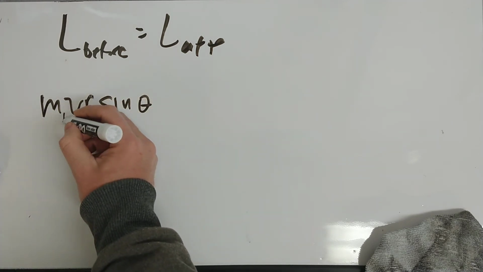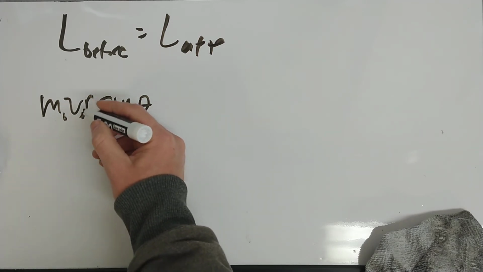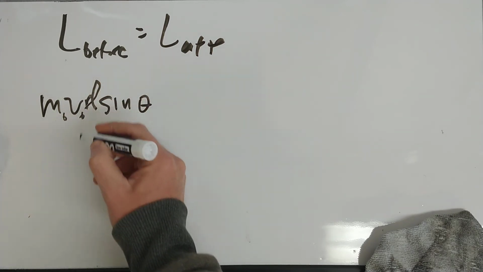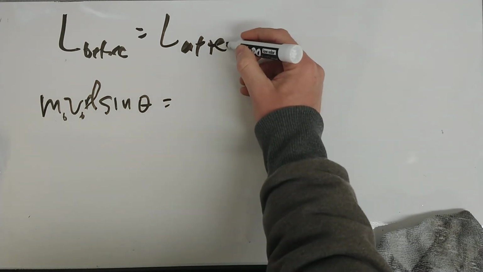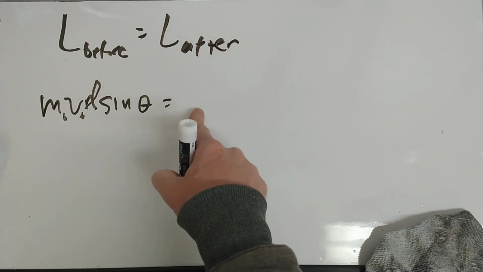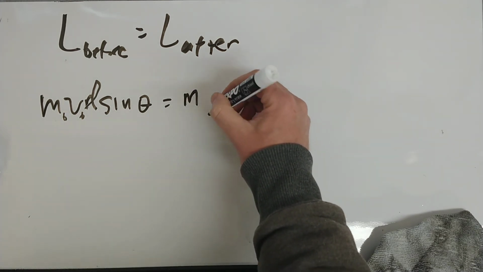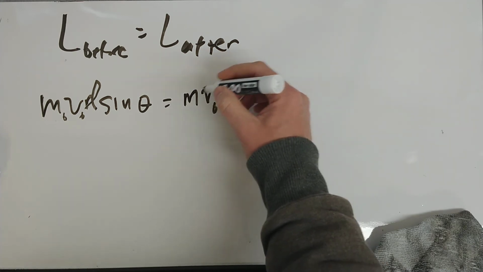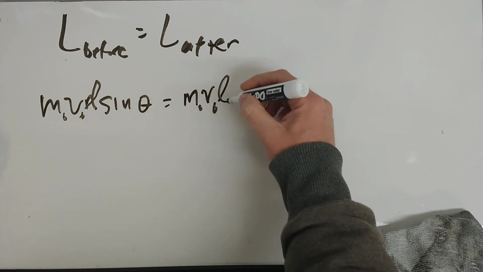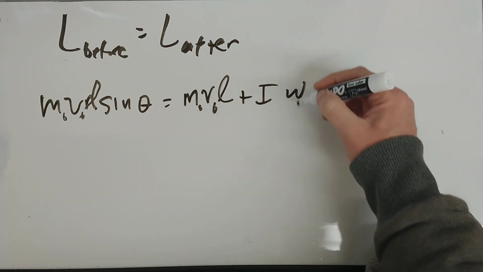So the mass of the ball, velocity of the ball, r is still hitting the outside edge, so I'm going to put an L there. L after is, now there's two things rotating, right? The ball sticks. Initially, it still has mass of the ball, velocity of the ball times L. This is after the collision of the ball, plus I omega.